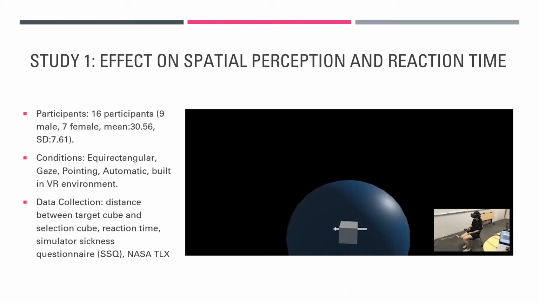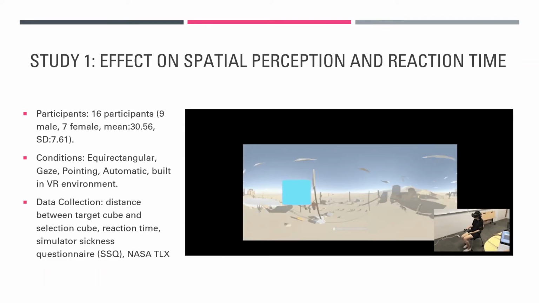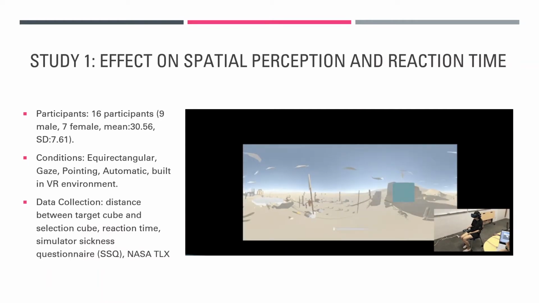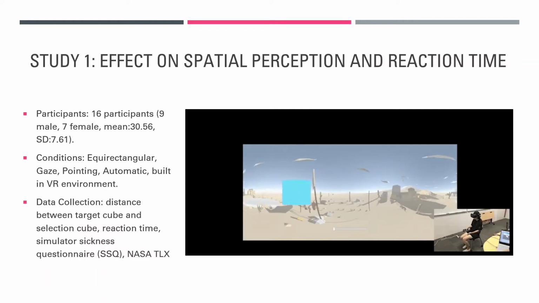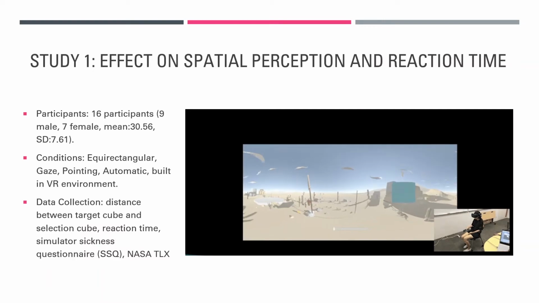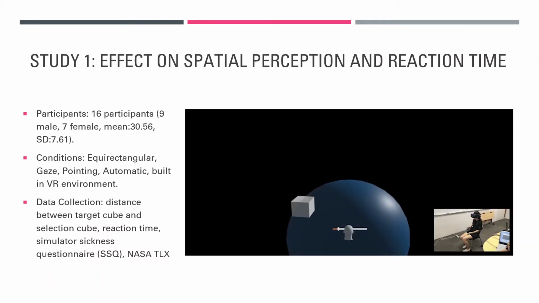We have 16 participants, each undergoing all 4 conditions. During study 1, we record the distance between target cube and selection cube, participants' reaction time, and also ask the participant to answer the SSQ and NASA TLX.